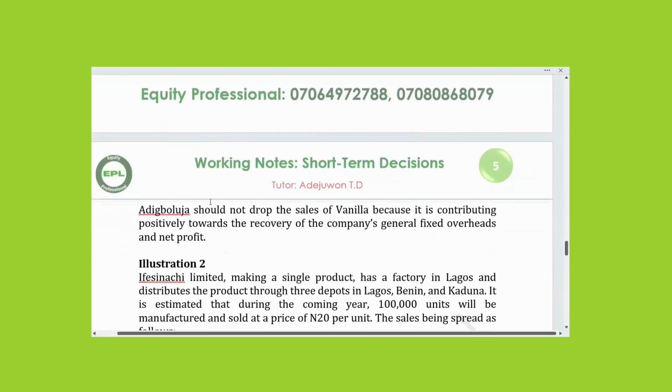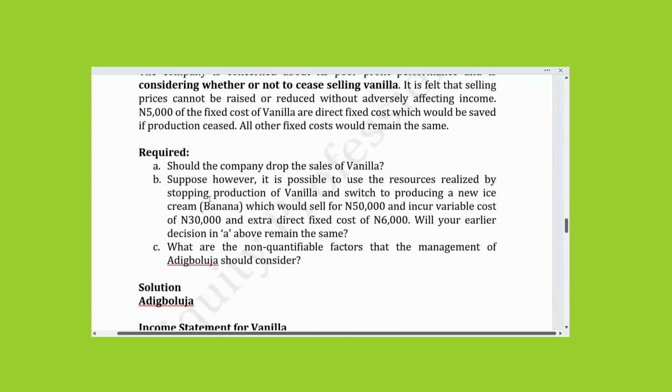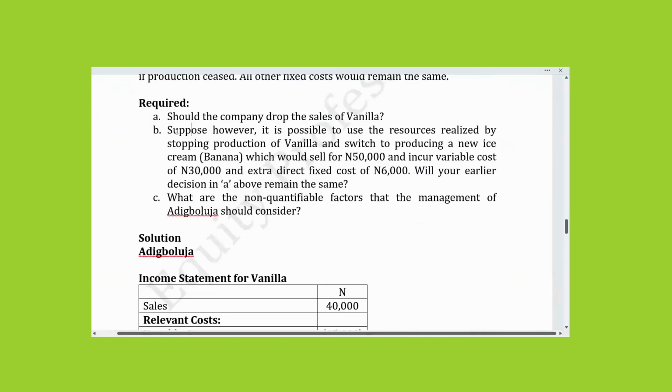We then move to part B of the question. You are told that suppose, however, it is possible to use the resources realized by stopping production of vanilla and switch to producing a new ice cream, banana, which will sell for 50,000 naira and incur variable cost of 30,000 naira, and an extra direct fixed cost of 6,000 naira.